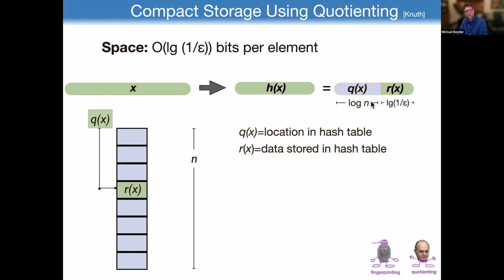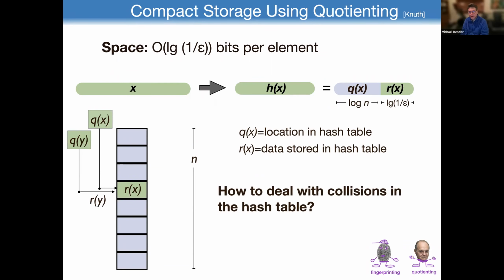And these log n bits we're storing implicitly based on the location in the table where we're storing this remainder R of X. So based on the location and the bits that are stored here, that's how we get this fingerprint. And we store a whole bunch of fingerprints in a hash table, and that's how we store everything.